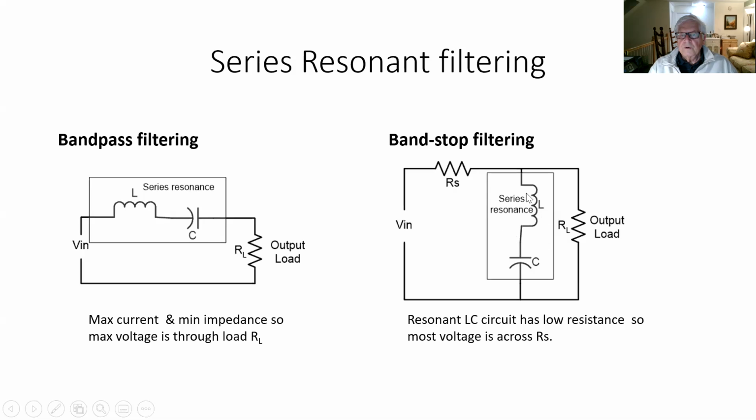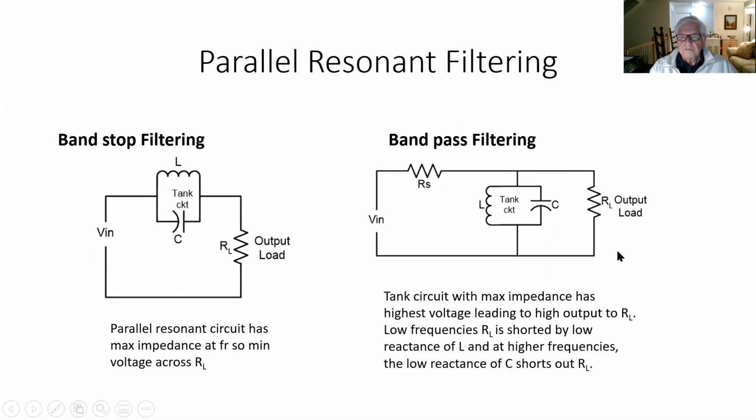Or we can use band stop filtering by taking the output across the series LC circuit, avoiding R. We can use parallel resonant filtering as well.